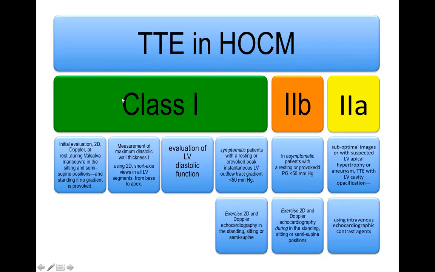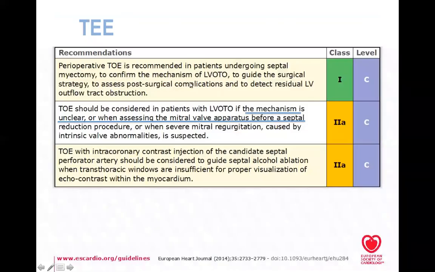TEE for sure is class 1 and recommended in patients undergoing septal myectomy, to confirm the mechanism of LVOT obstruction, to guide the surgical strategy, to assess post-surgical complications and to detect any residual LV outflow tract obstruction. If the mechanism is unclear, or for assessing the mitral valve apparatus before a septal reduction procedure, this is class 2A.